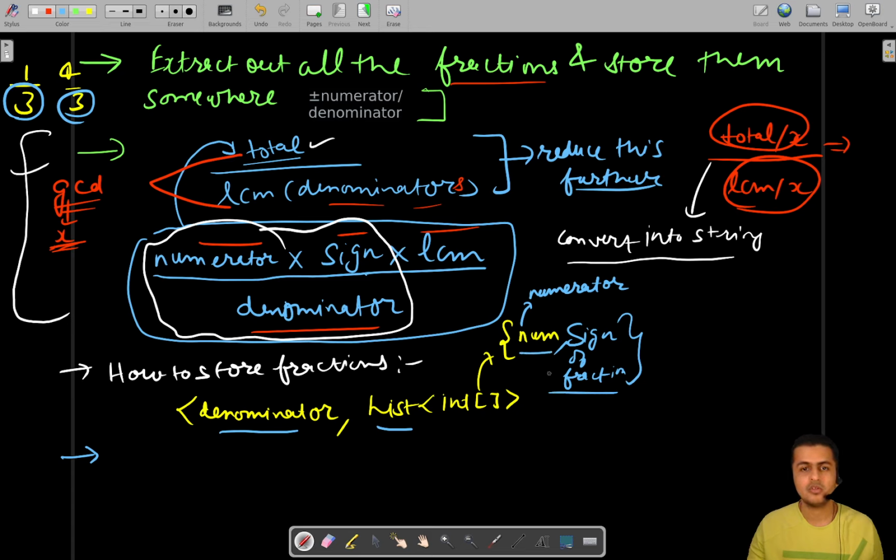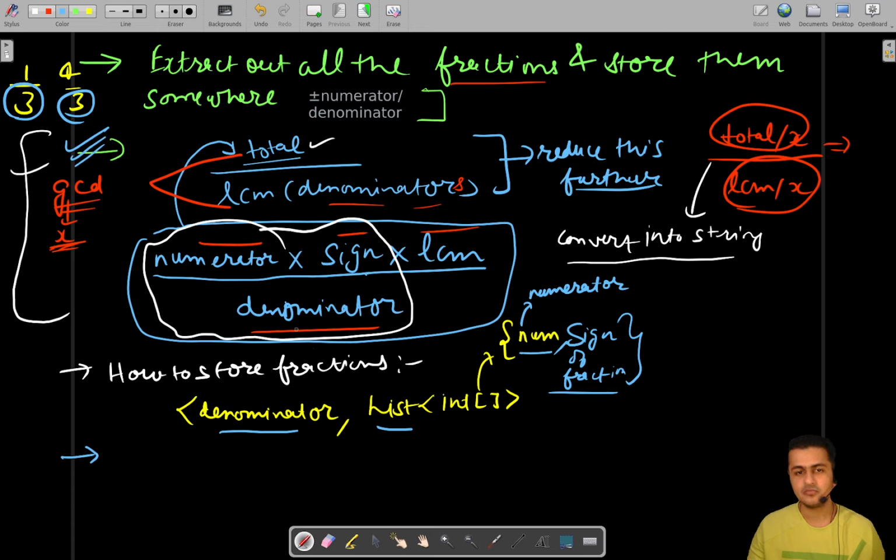Once you have this mapping, you will apply this operation. Firstly, find the LCM of the denominators. Once you have the LCM of the denominators, then compute numerator into sign into LCM, the whole divided by the denominator.